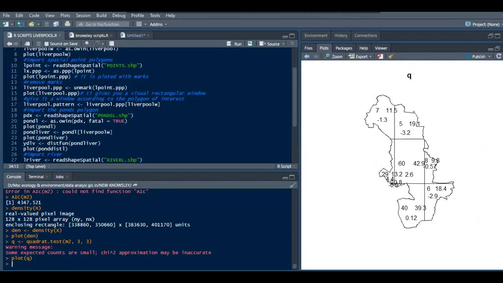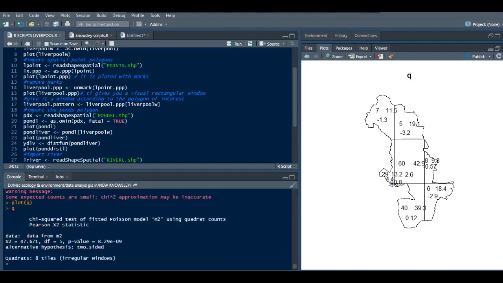And then it gives you the observed and the expected. When we print this model, you see the chi-square p-value is very small, which simply means that these points are not homogeneous, basically inhomogeneous. So they're not uniformly distributed.